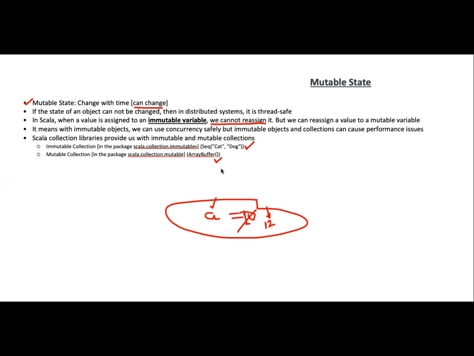We will discuss these things in detail. We will implement some examples of these packages. These packages are scala.collection.immutable and scala.collection.mutable. We will explore different classes inside these packages. But you just need to have the idea of the mutable and immutable state of a variable and object.